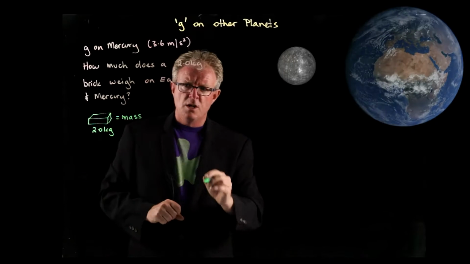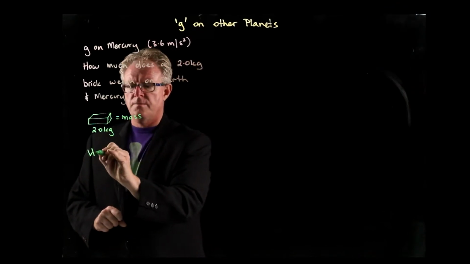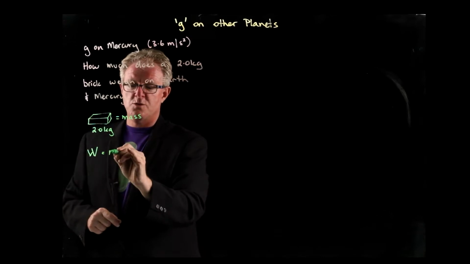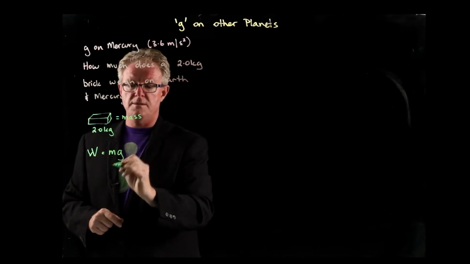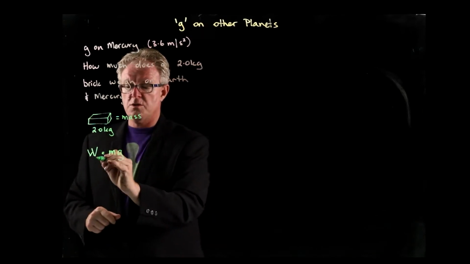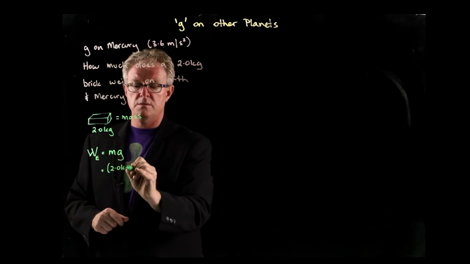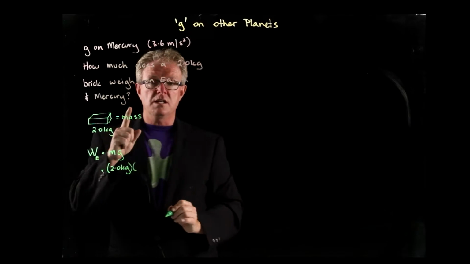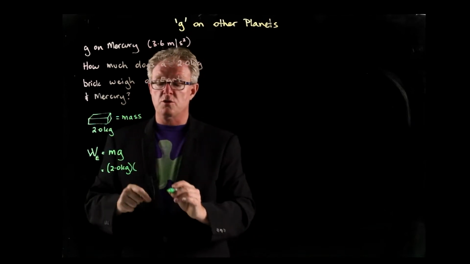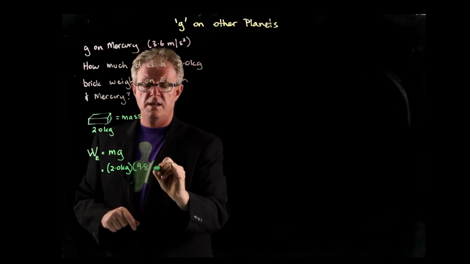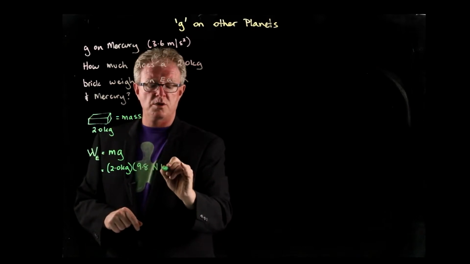What does it weigh? Well, remember that weight, W, is equal to mg. So if we want to work out the weight on Earth, then the mass is 2 kilograms. The strength of the gravitational field constant on Earth is 9.8, and that's newtons per kilogram.